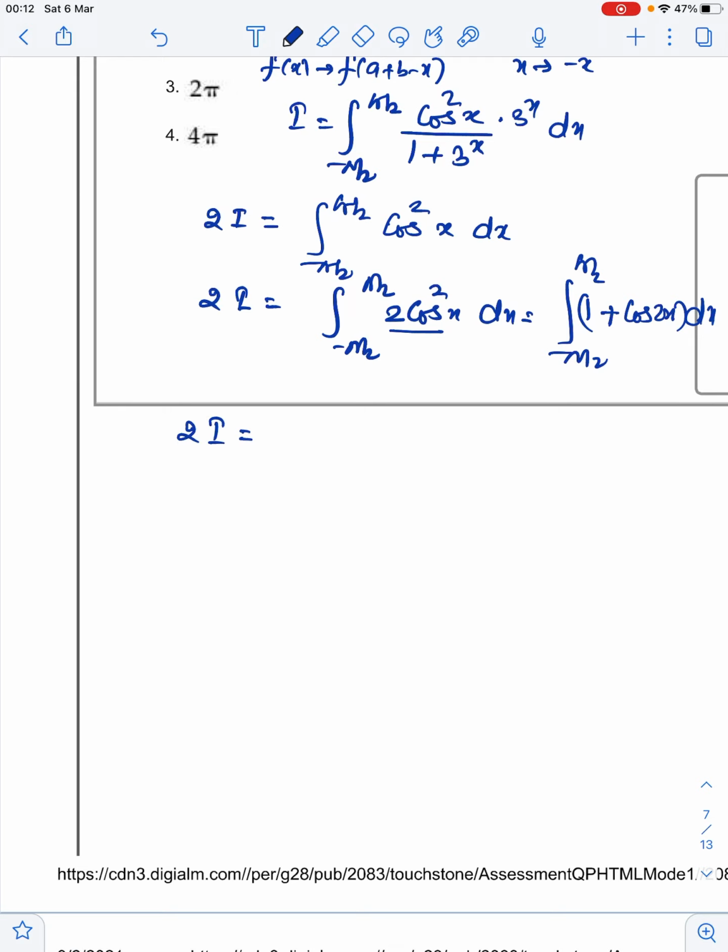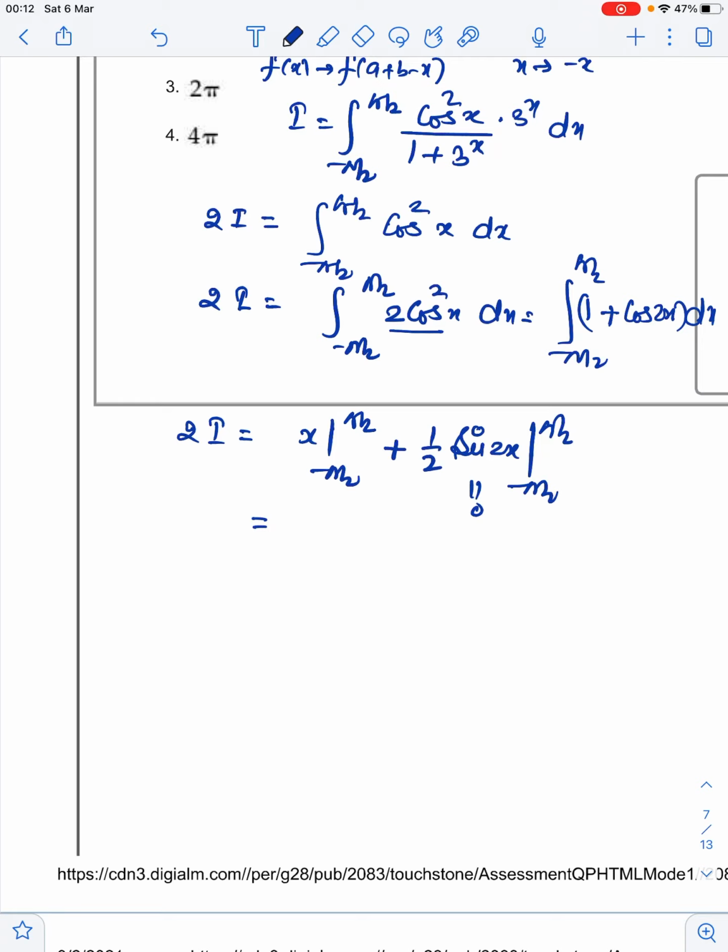So now 2I is equal to the integration of 1, which is x from minus pi by 2 to pi by 2, plus 1 upon 2 sine 2x from minus pi by 2 to pi by 2. This portion becomes 0, because at x equal to pi by 2, 2x becomes pi.